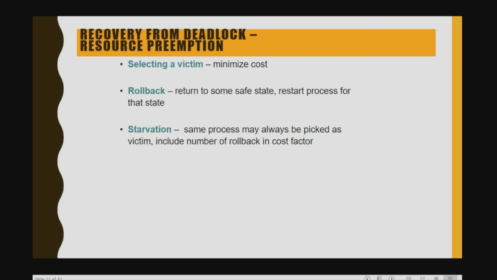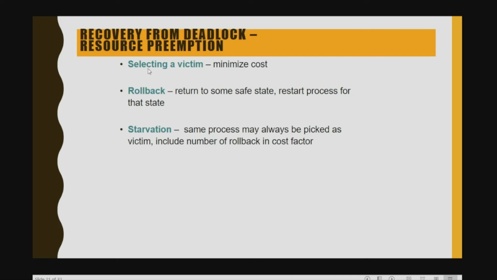Okay, recovery from deadlock. We need to select a victim. In this part, we need to minimize the cost, roll back, return to some safe state, and restart the process from that state. And starvation: some process may always be picked as the victim.